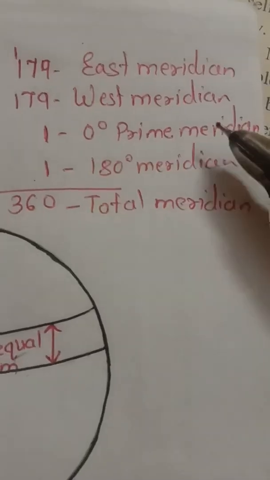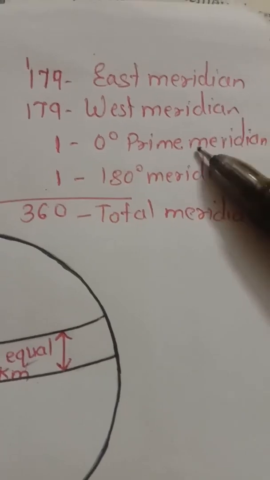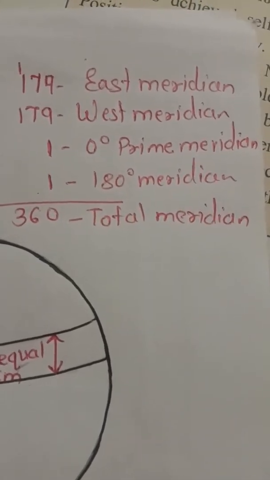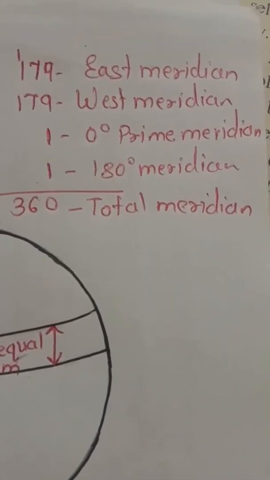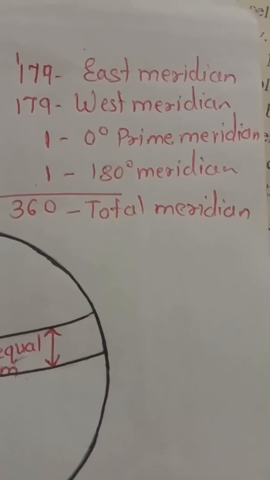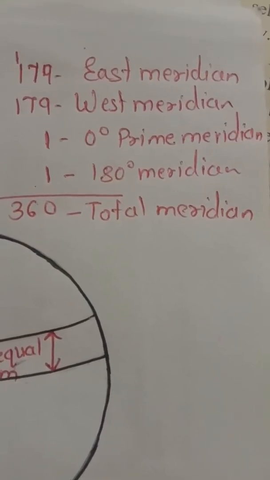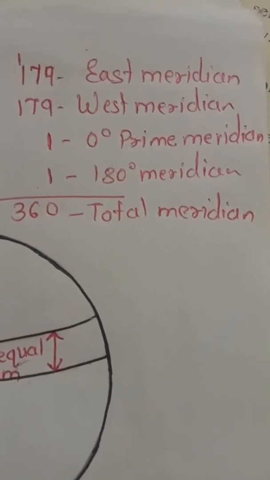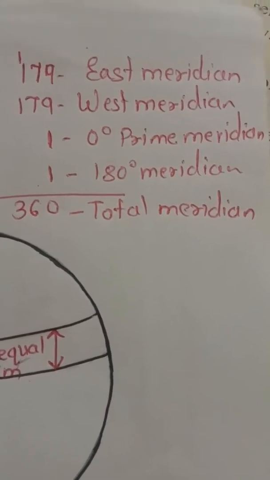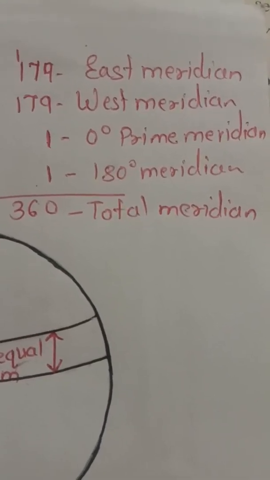We have 179 east meridians, 179 west meridians, the 0 degree prime meridian and the 180 degree meridian. So in total there are 360 meridians of longitude.